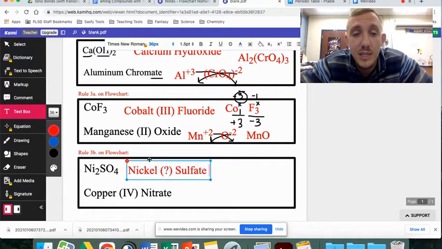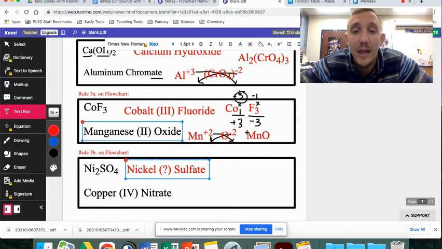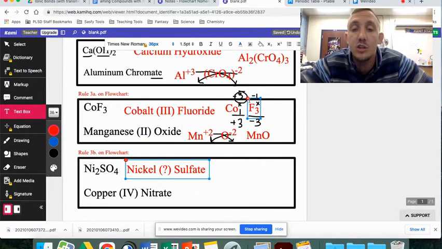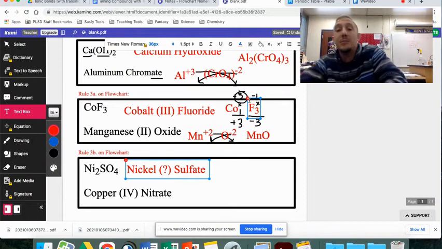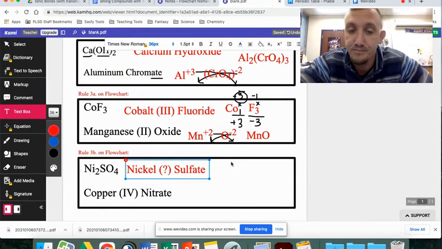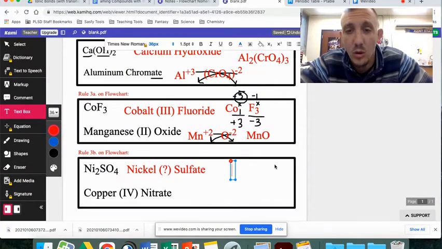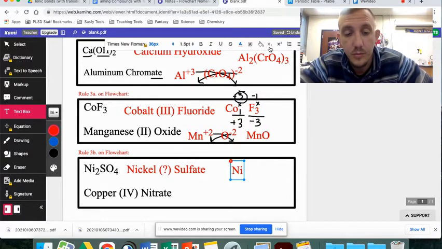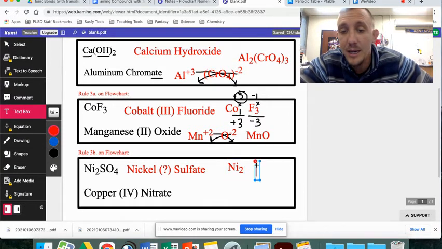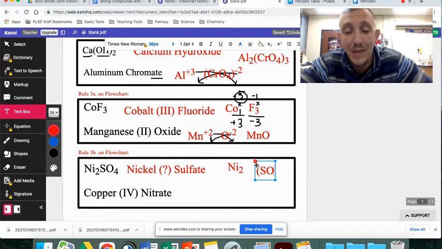Just like we did up here, I have to figure out the overall charges for both my positives and my negatives. If we look at nickel, I have 2 nickels. And if I look at my sulfate, and remember, put them in parentheses so you know how many.